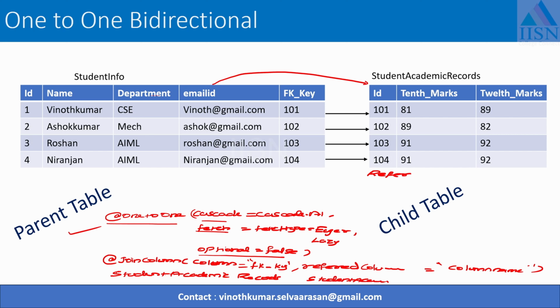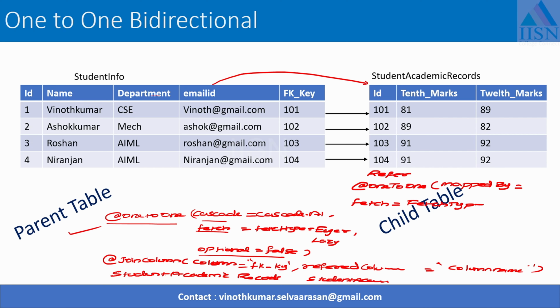Here we are going to use the same @OneToOne annotation. We are going to have one extra keyword, mappedBy. The next keyword is fetch. Here we are going to mention the fetch type.